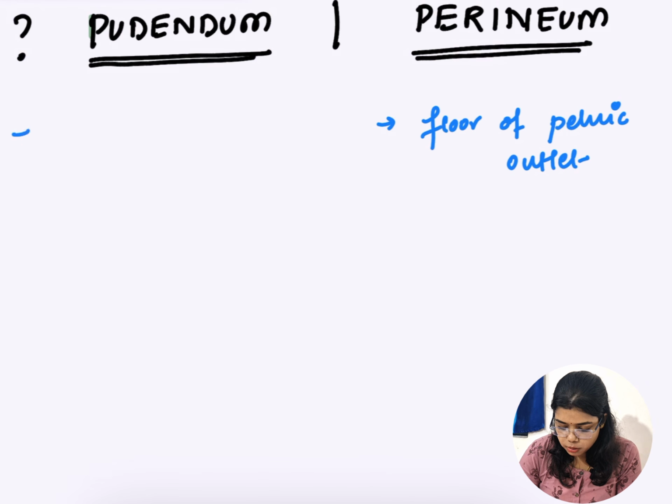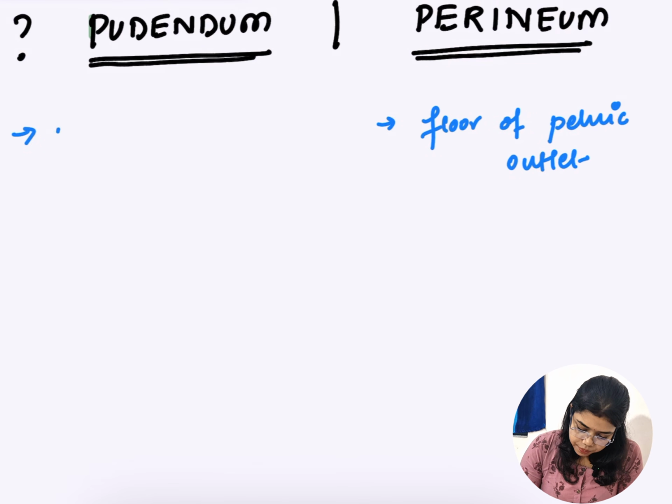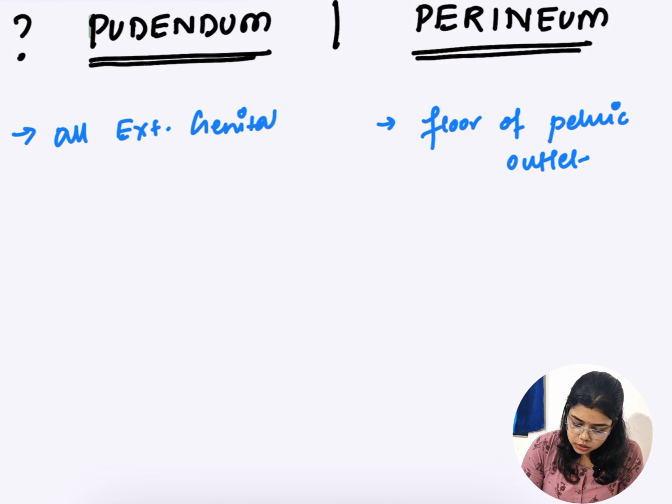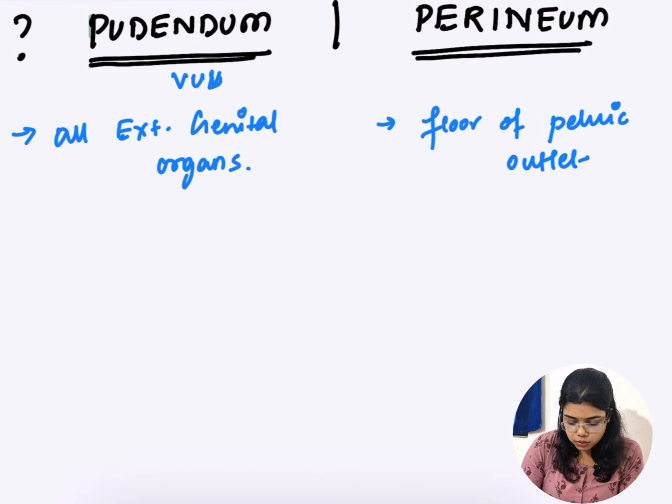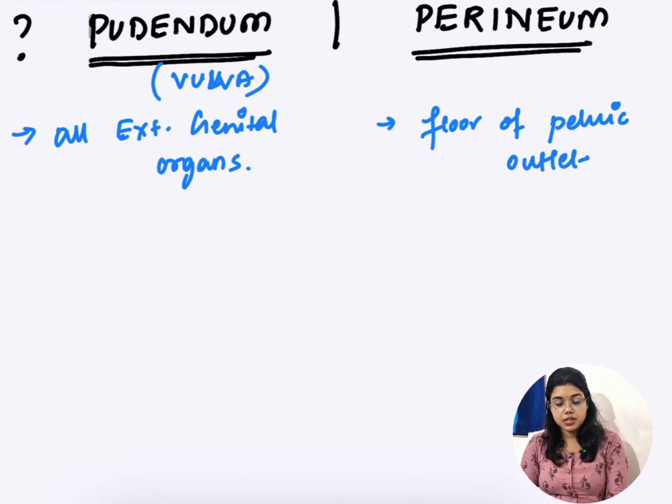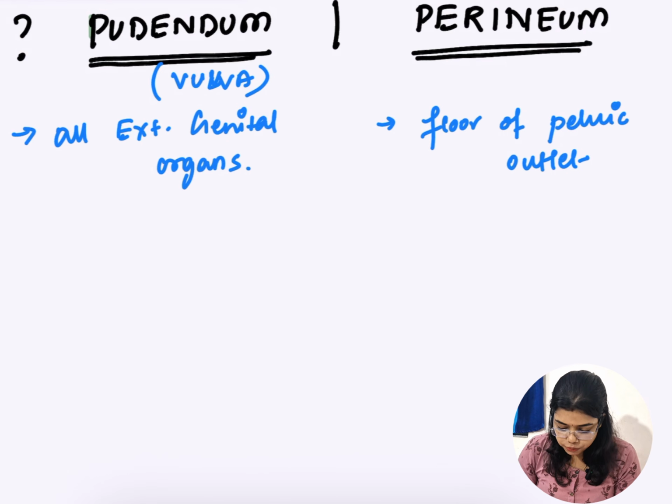Okay, this forms the floor of the pelvic outlet, and the pudendum constitutes all the external genital organs. It is just a synonym of vulva. Okay, that is the external genital organs, and perineum is different. It forms the floor of the pelvic outlet.